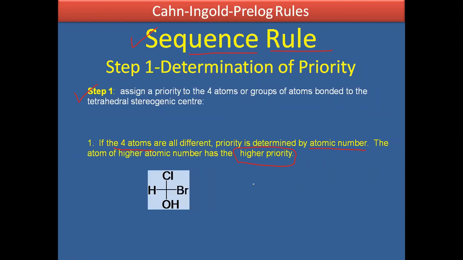For example, here the asymmetric center has hydrogen, chlorine, bromine, and oxygen, as in a hydroxy group. This oxygen is directly attached to the asymmetric carbon atom.